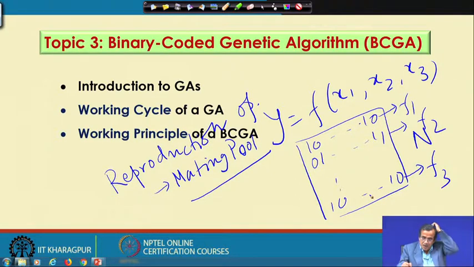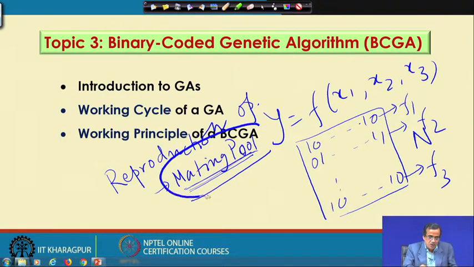If you find some good solution, in the mating pool we are going to take multiple copies of it, and if you find some bad solution in the initial population, we are going to delete it from the mating pool. The philosophy behind this is that the mating pool will consist of good solutions probabilistically.